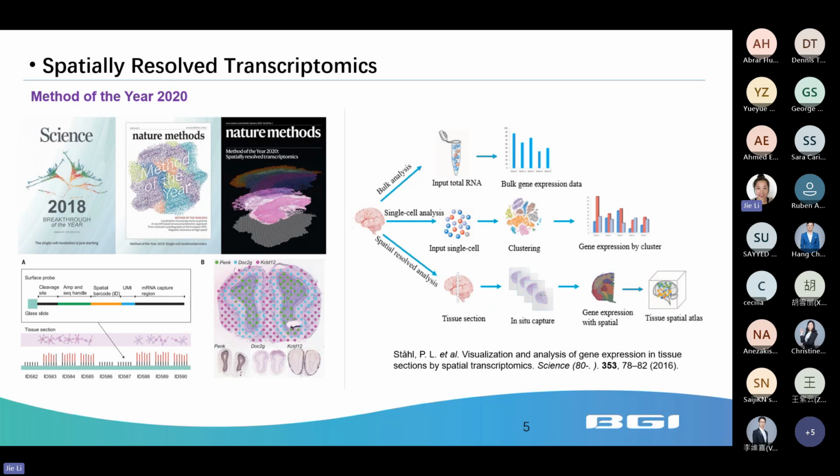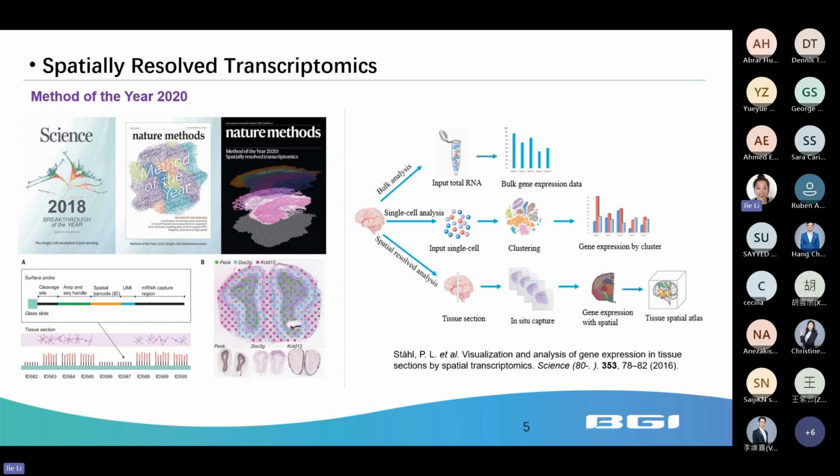In 2018, single cell transcriptome technology was named the breakthrough technology of the year by Science, and then single cell multi-omics research became a trend. Then the combination of single cell research with spatial transcriptome has made the study of single cells at 3D levels a new hotspot.